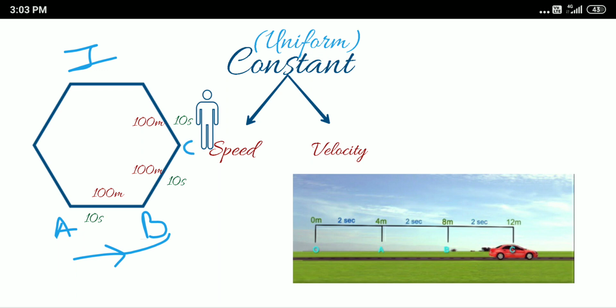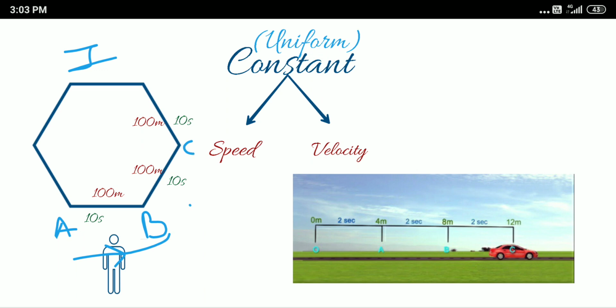So the person is now covering 100 meter distance in 10 seconds. C to D, D to E, suppose E to F, and so on. So we can observe each cross section is 100 meter in 10 seconds. Second cross section is 100 meter in 10 seconds.